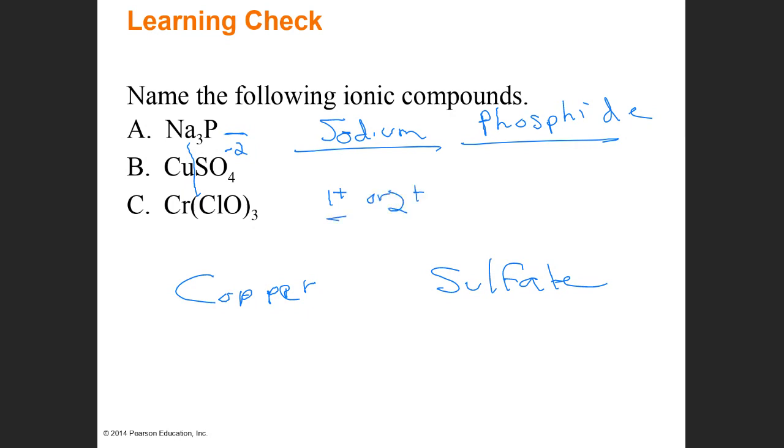So in this case, which one is it? Is this copper a +1 or +2 ion? +2, good, because the sulfate is -2. So this is copper 2 sulfate. You could have a copper 1 sulfate, but I would need 2 coppers for every 1 sulfate.